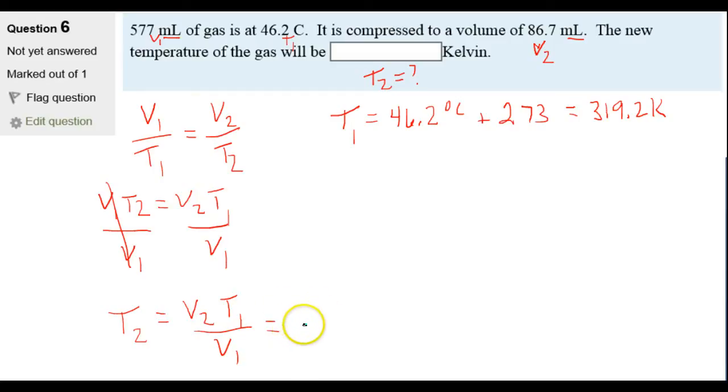So now we can plug these into the equation or formula right here. V2 is going to be 86.7 milliliters times T1. T1 in this problem is going to be 319.2 K. And we're going to divide this by V1, which is 577 milliliters.